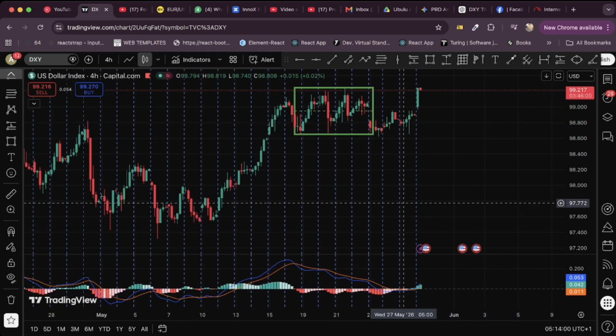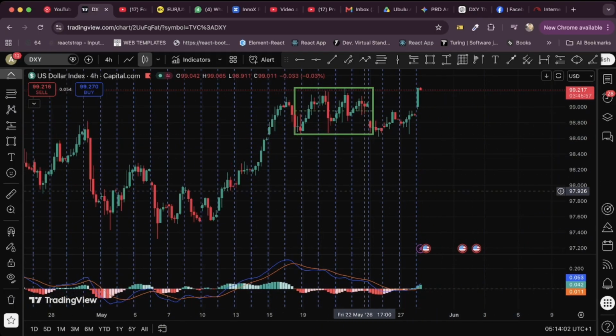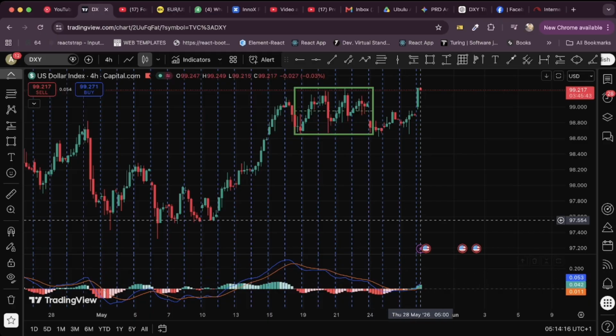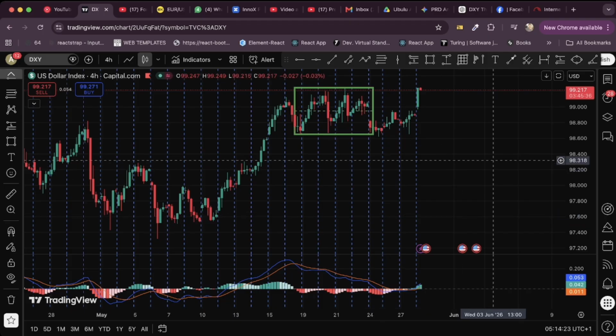I'm still of the opinion that price is still in a bullish trend, considering what the MACD is doing. If you look at the MACD, this is a typical example of a bullish MACD. At least we are still in the early stages of this bull run. So we still have some room to cover, and I'm of the opinion the buying pressure will still continue.